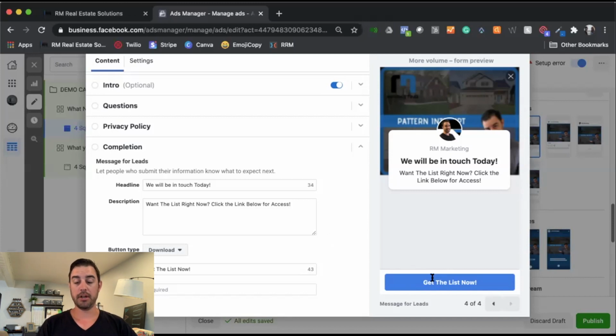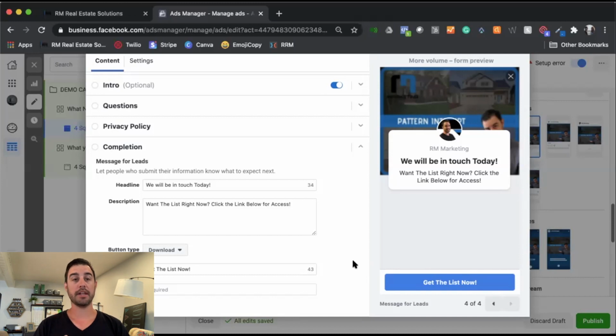By clicking here to get access, you can do one of two things. You can send them to a landing page that's got the Facebook Pixel installed so that you can start retargeting, or you can send them to an automated chatbot directly in your business's Messenger account. If you want to know more about setting that up, reach out to me on Facebook or Instagram or whatever. I'll be available to help you with that.